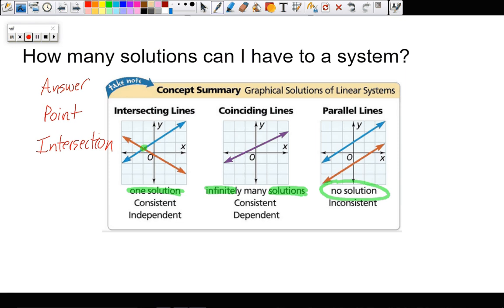But there are 2 other types of solutions up here that are not necessarily a point or an intersection. It will be this dependent, coinciding lines. Coinciding means they're exactly the same. They lie right on top of each other.